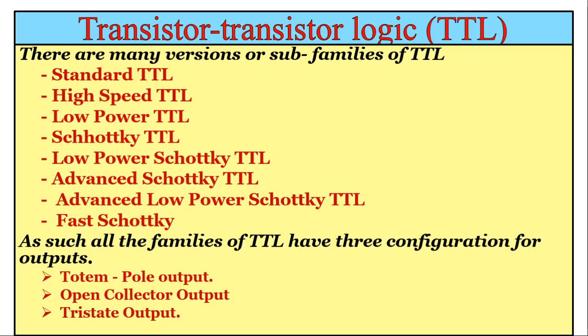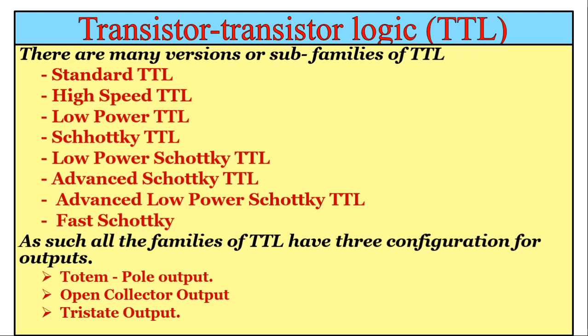High speed versions are comparable to CMOS, that is nearly equal to 1.5 nanosecond speed. Low power versions go down to about 1 milliwatt power dissipation per gate.